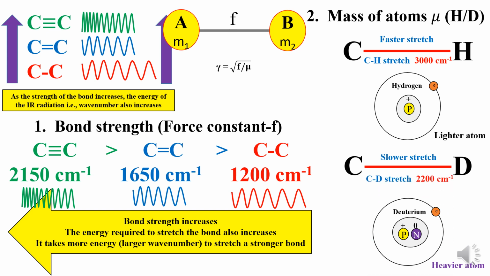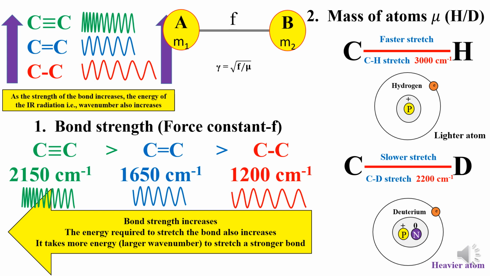And to match the carbon-deuterium stretch, which is stretching at a slower pace, a lower energy is required, and hence the wave number also decreases. So around 2200 centimeter inverse wave number is required to match this slower stretching carbon-deuterium bond.